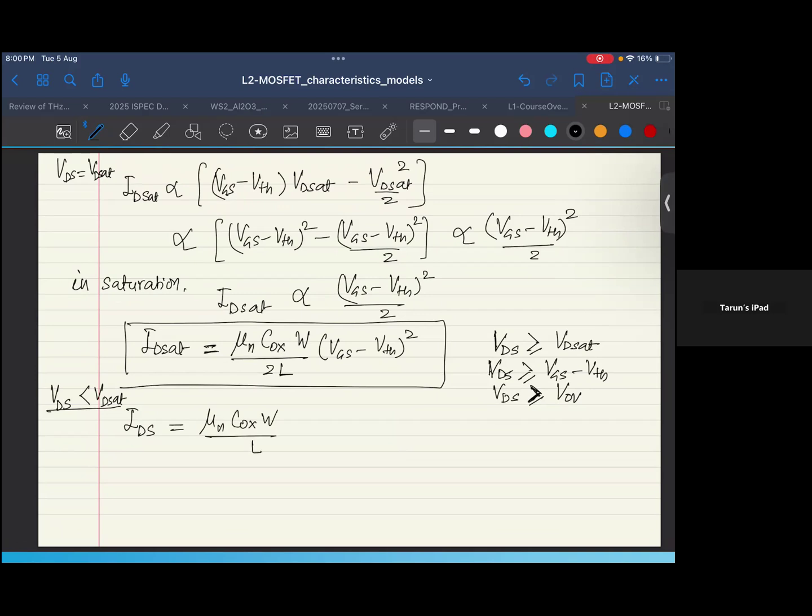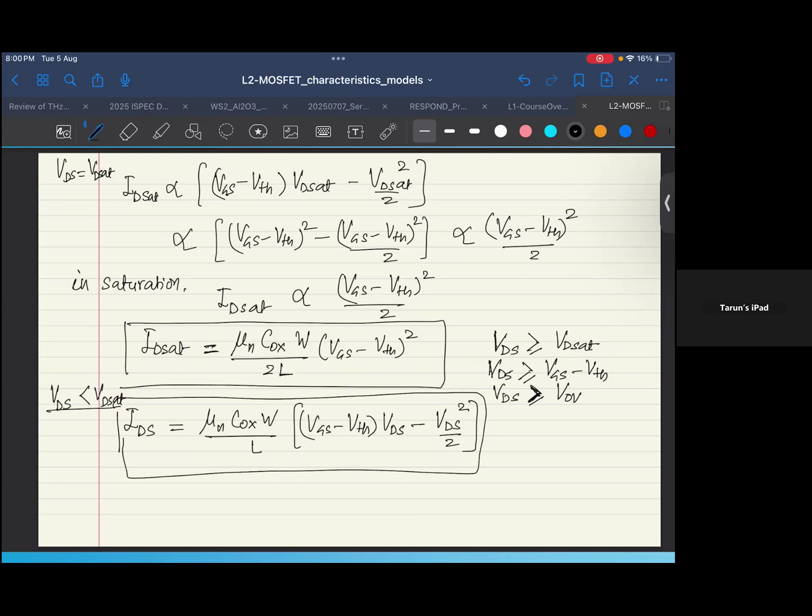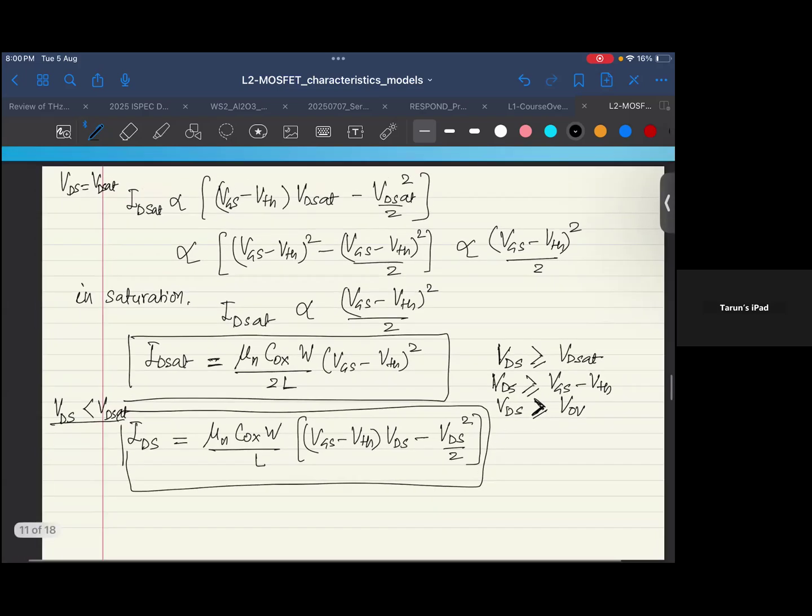The 2 is not there because we need to have VDS dependence for when it is okay. So that means now we see the model is region dependent, right? So needless to say, in both cases you have VGS greater than or equal to VTHN.